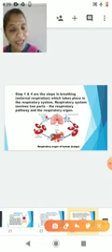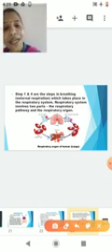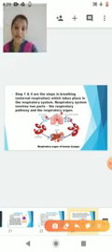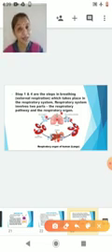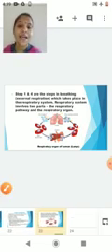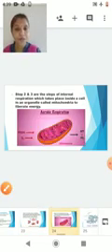The organ is utilizing it, and when the organ utilizes it, it releases carbon dioxide. That carbon dioxide once again comes back to the lungs and is expelled out through the lungs. So this is steps 1 and 4 of breathing, or external respiration, which is taking place in your respiratory system.